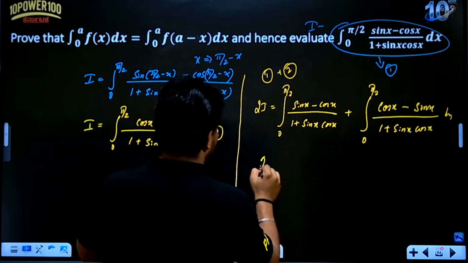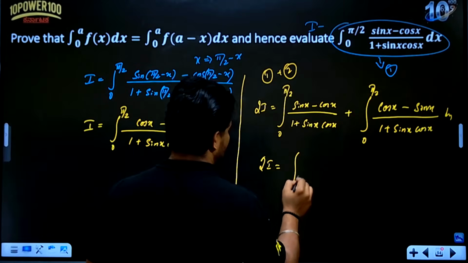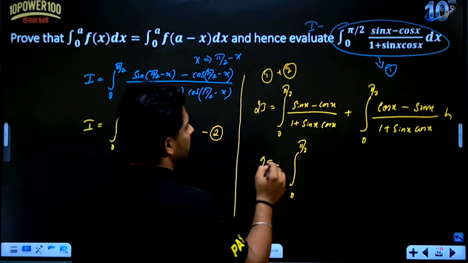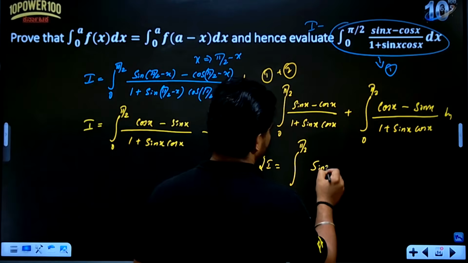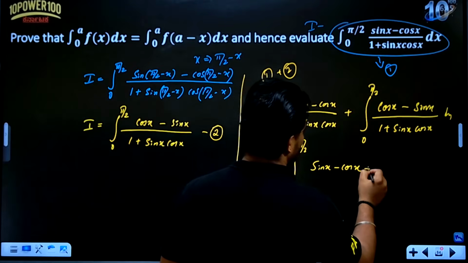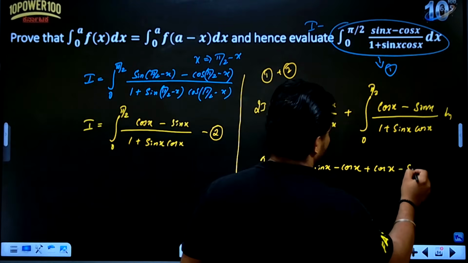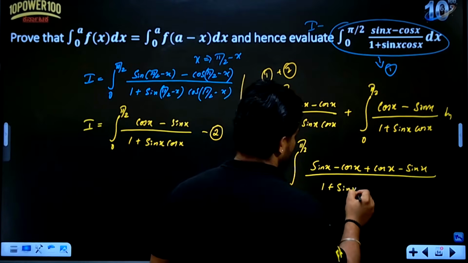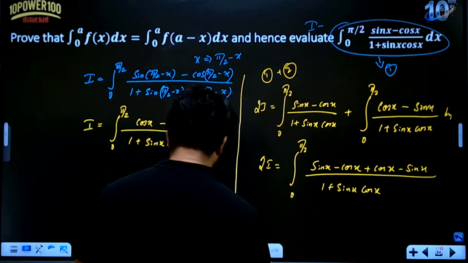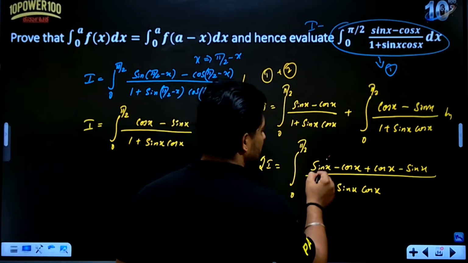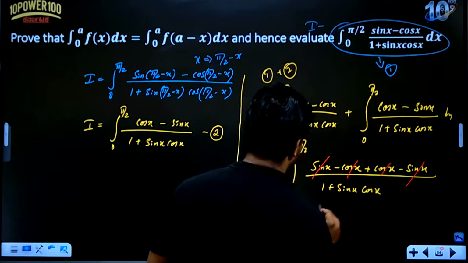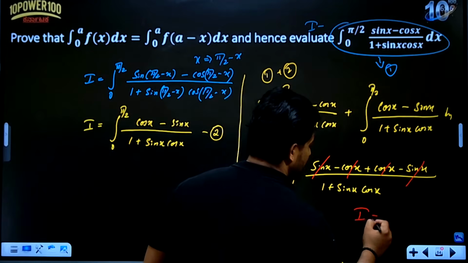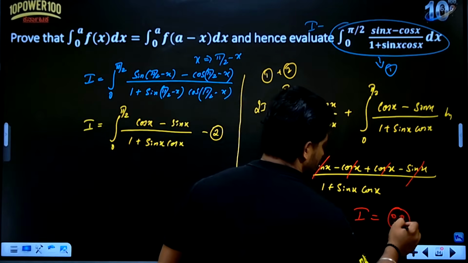Because the denominator is the same, we get sin x minus cos x plus cos x minus sin x whole divided by 1 plus sin x cos x. So we can cancel some of these terms. Sin x cancels, cos x cancels, so 2I is equal to 0, and the complete answer is 0.